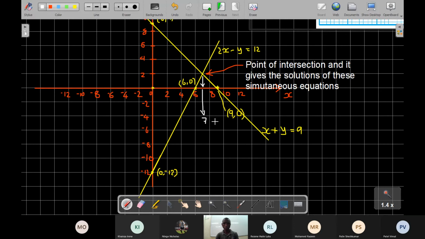Because it is exactly in between 6 and 8. That value is 7. Because if you had plotted on the graph, it shows you exactly that point. So you read that value on the horizontal axis as x, and it is 7 in this case.